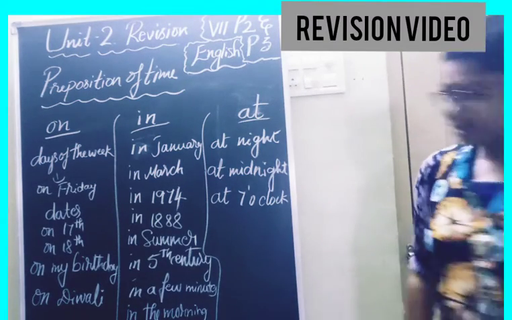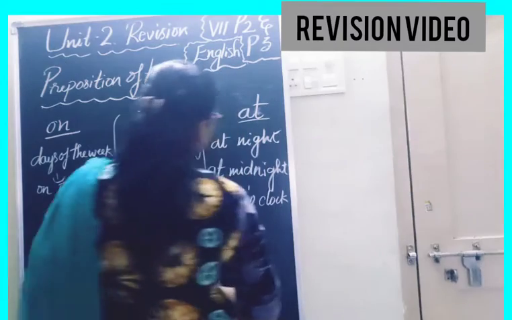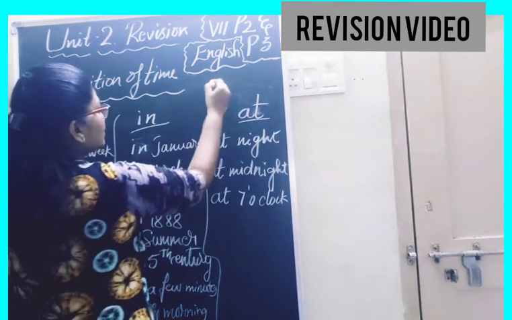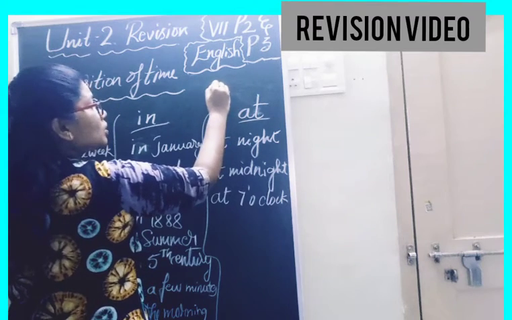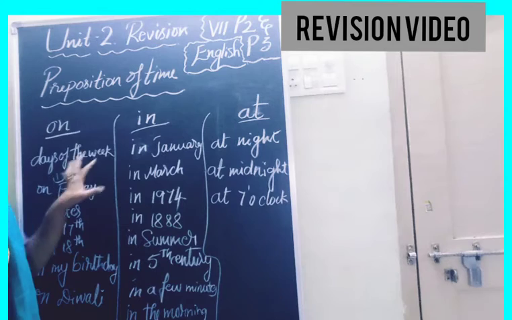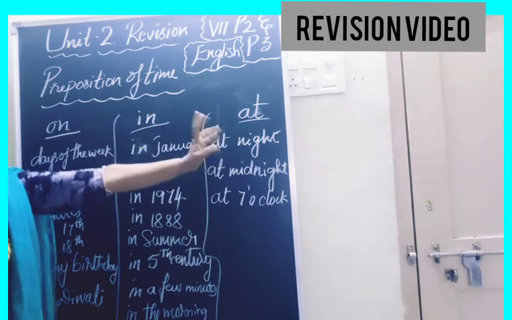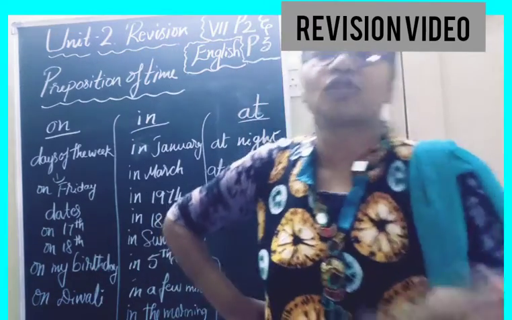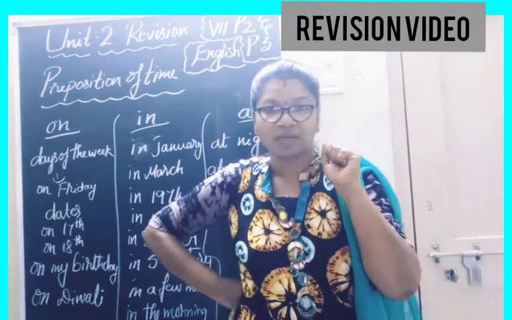But if you are saying night, one more example I want to tell you. If you are saying night but you want to say Friday night, what are you going to use? In Friday night, or at Friday night, or on Friday night? I'm going to pause and ask you questions. What are you going to use?